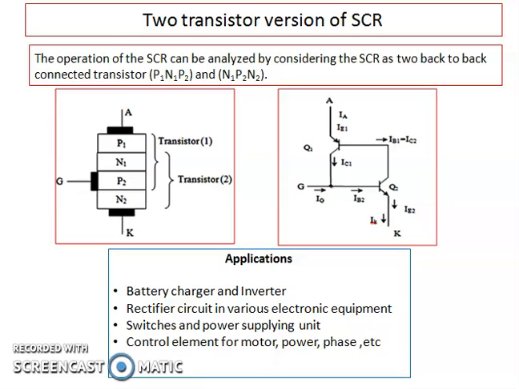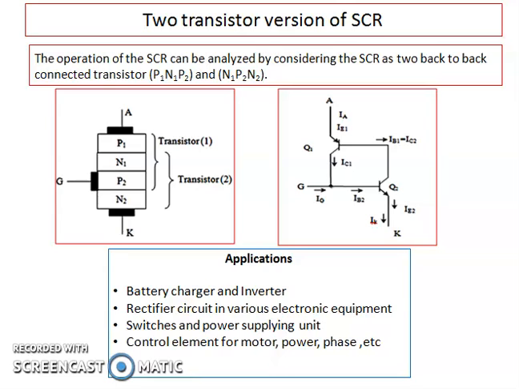And we already know that a transistor can be considered as back-to-back connected diodes for analysis purposes. Here also we have the two-transistor version of the SCR, and the operation of the SCR can be analyzed by considering it as two back-to-back connected transistors: P1, N1, P2 and N1, P2, N2.